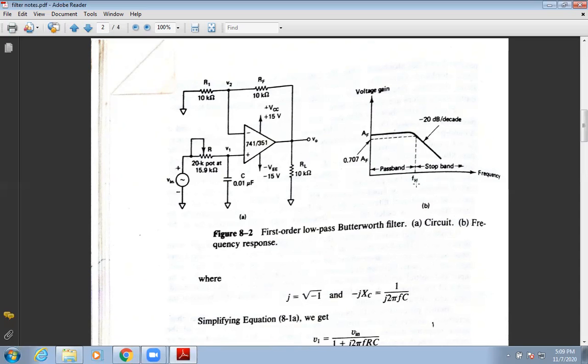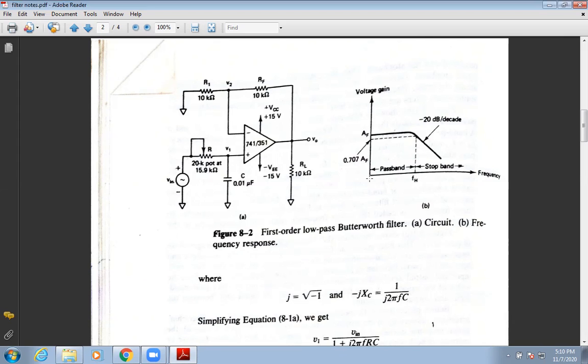Up to a particular frequency, which is known as the high cutoff frequency, the gain of the op-amp remains constant, and after this particular cutoff frequency, the gain decreases at a particular rate, that is 20 dB per decade, and tries to attenuate all the frequencies beyond this high cutoff frequency.